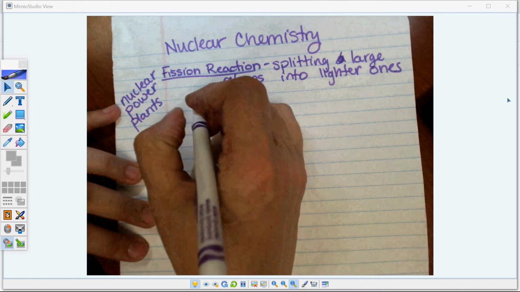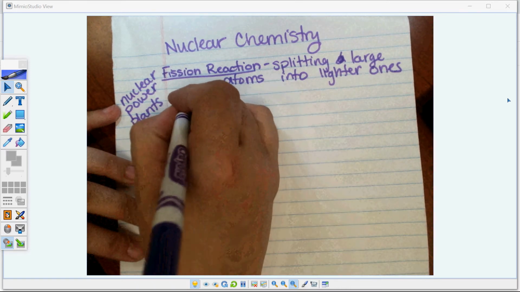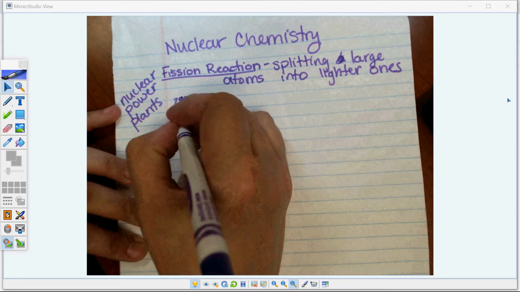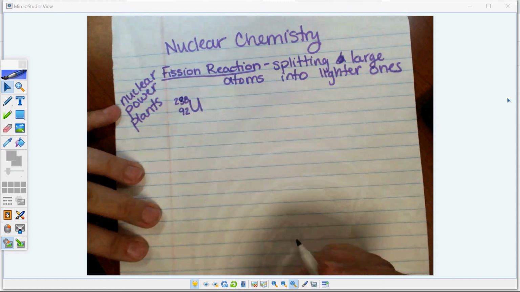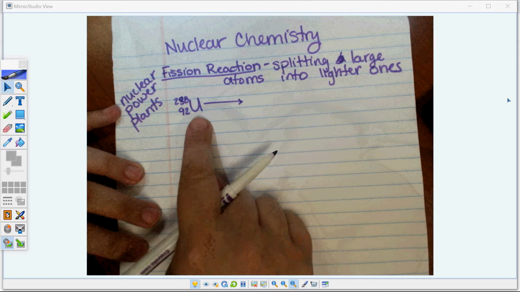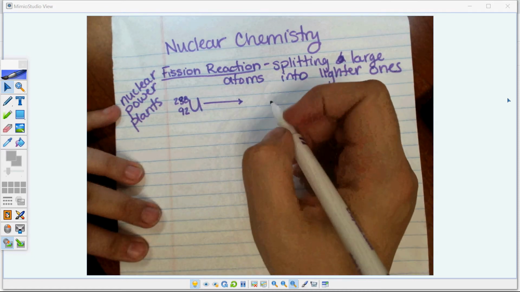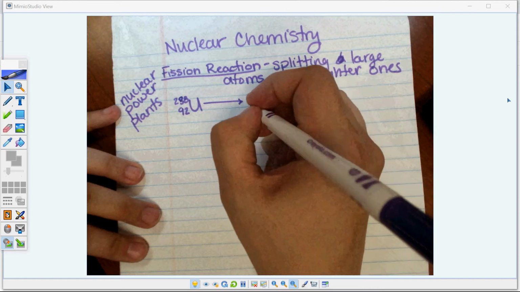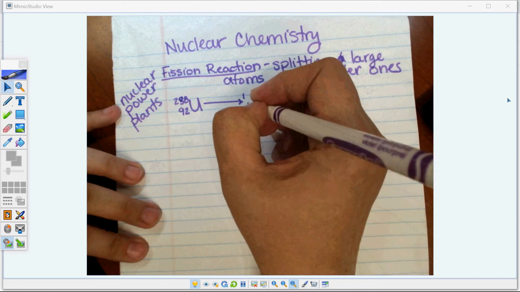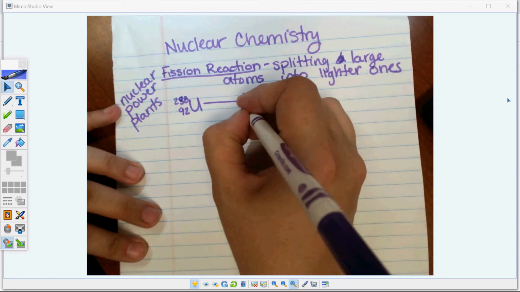So if we think of an atom of uranium with a mass number of 238, and remember that is protons plus neutrons on the top, and the atomic number of uranium is 92, and I get that from the periodic table if it is not provided. This thing is radioactive, and so I can force it to split into smaller atoms, like an atom of Te with a mass number of 128, and it has an atomic number of 52.